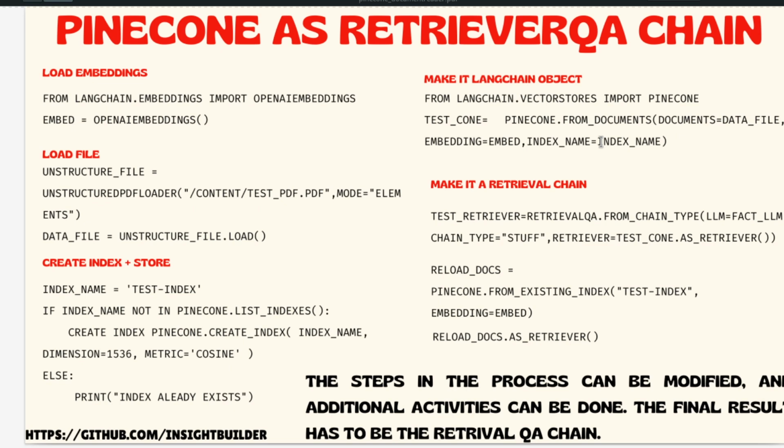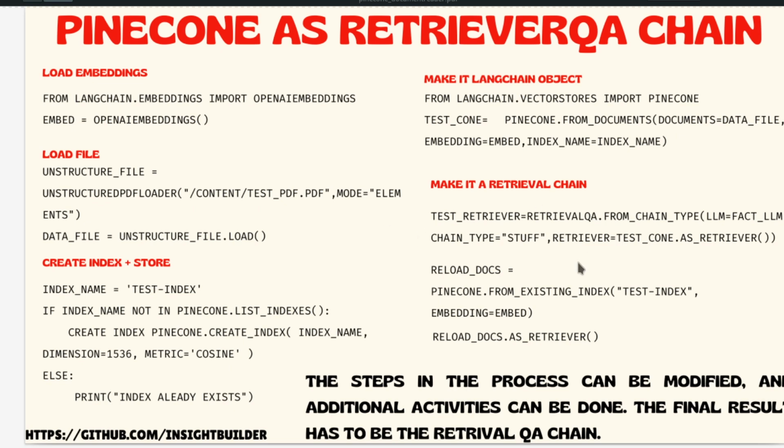So you have to take solutions from multiple locations and use them together. Like the embeddings are coming from OpenAI, the file loading and splitting is coming from the unstructured library, and the vector store is coming from Pinecone, and all this can be taken from online. So nothing is going to be from your own library, from your own laptop.